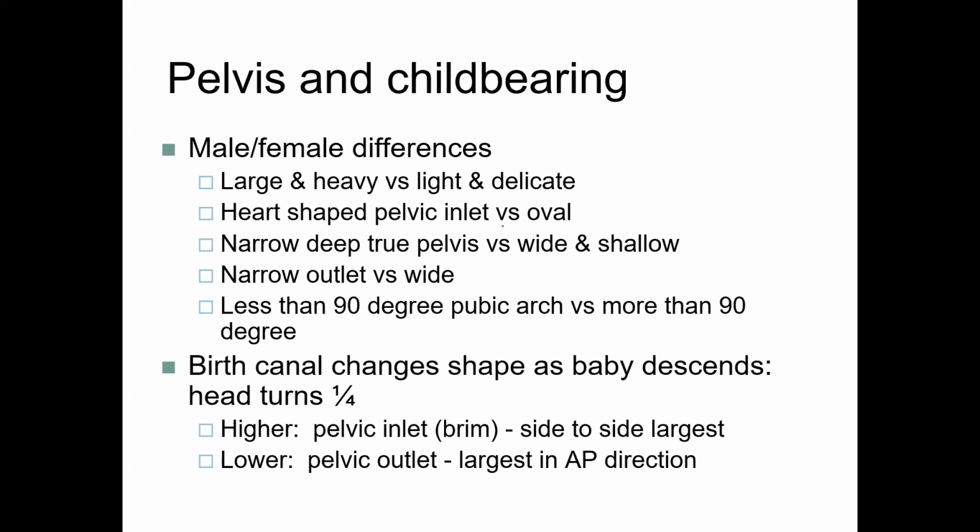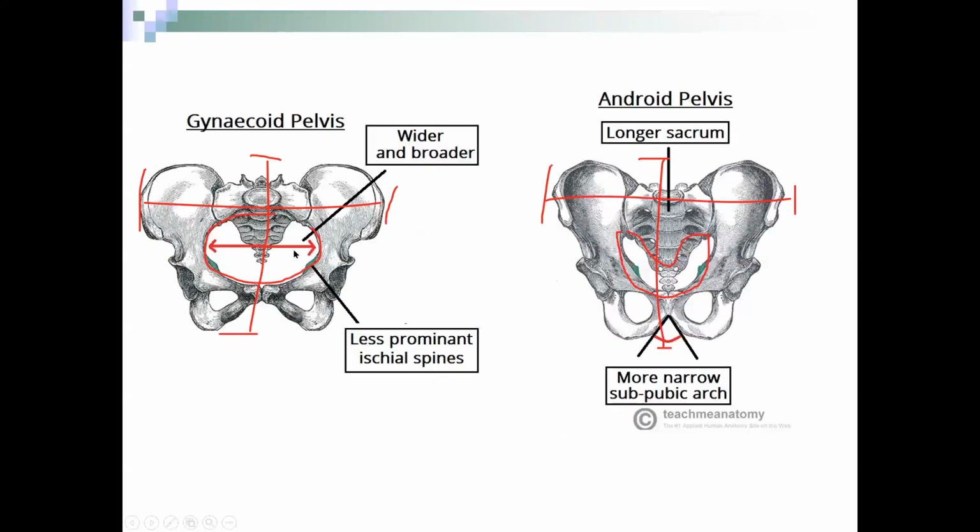It mentions here a heart-shaped pelvic inlet versus an oval one. The pelvic inlet is basically the space that runs in between the bones, and I'll show you in a minute. The pelvic inlet is heart-shaped in males and oval in females. So why is there a difference in the shape?